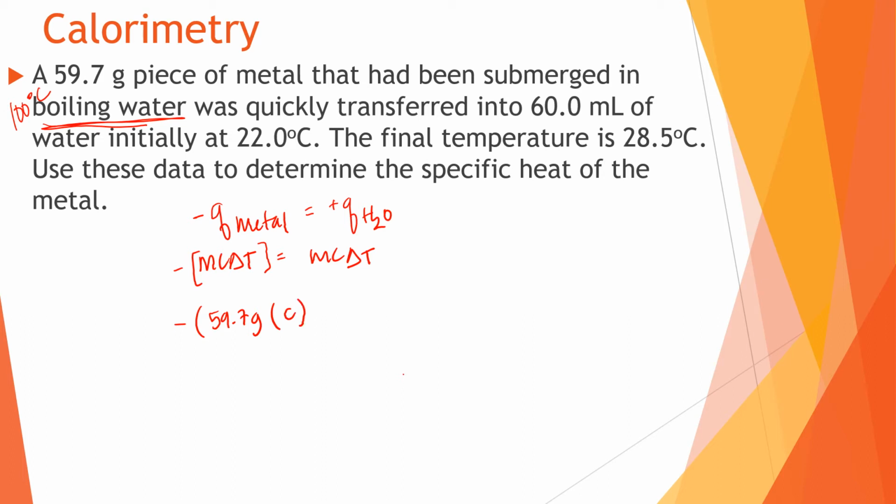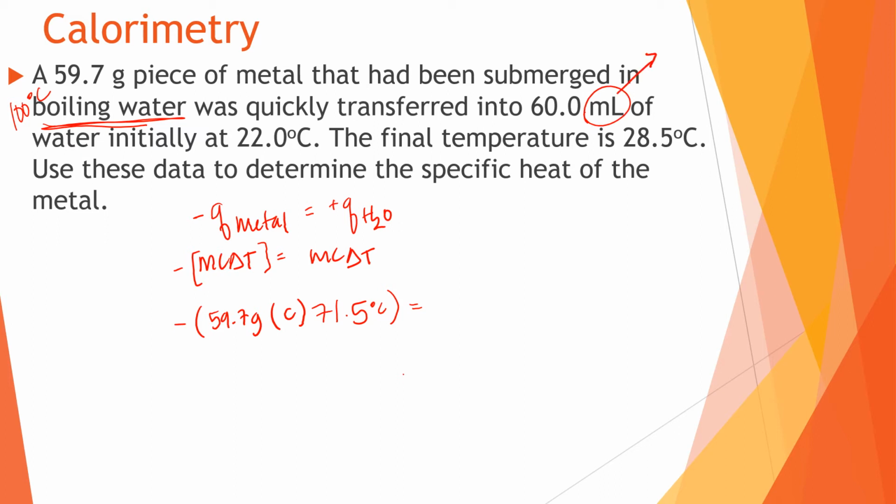Then we do know that the temperature went from 100 to 28.5. So the final temperature, 28.5, minus the initial temperature, 100, is 71.5. And I'm going to set that equal to the mass of water.